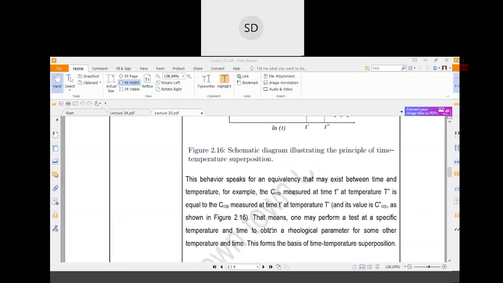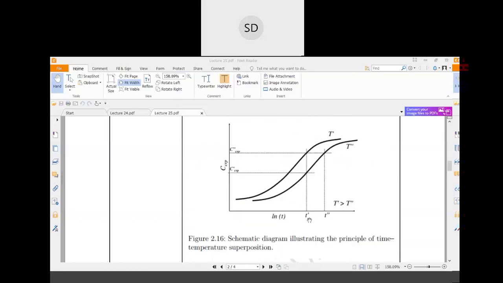So, in that case, you can see what the creep values are at time T dash and temperature T dash, and at time T double dash and temperature T double dash.